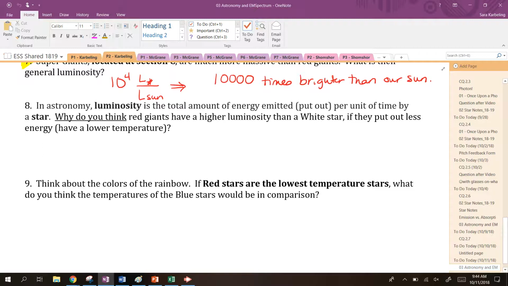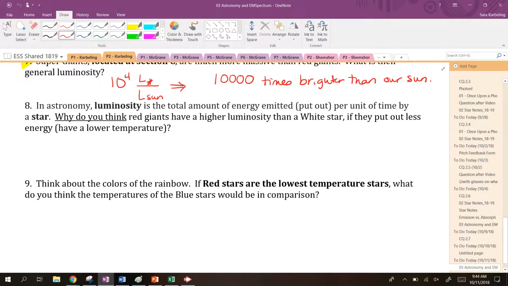Here's the question. Why do red giants have a higher luminosity than a white dwarf, even though they put out less energy total? Idea? I'm just going to assume because they're bigger, that means they have more energy per their whole entire mass.